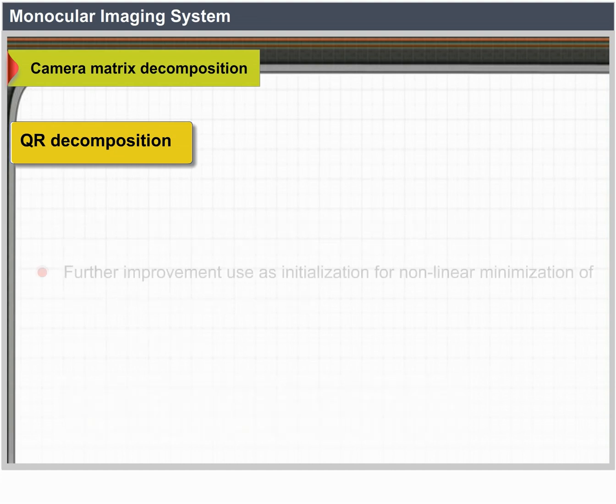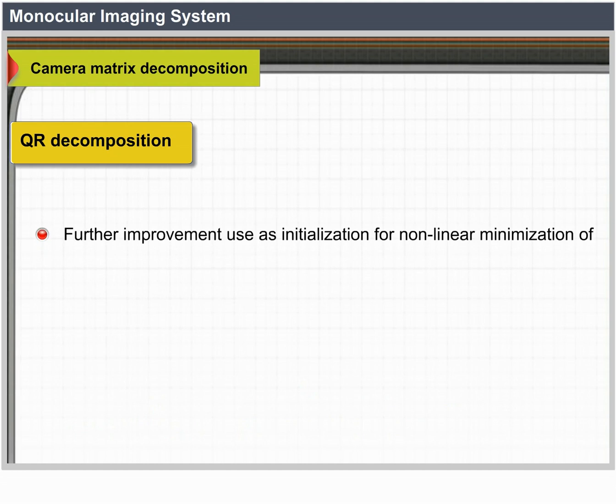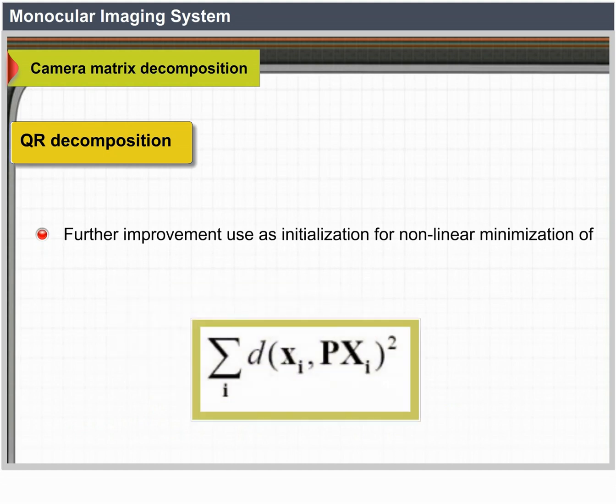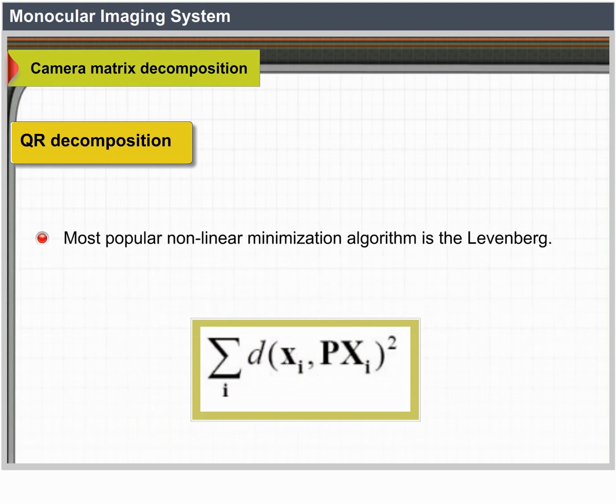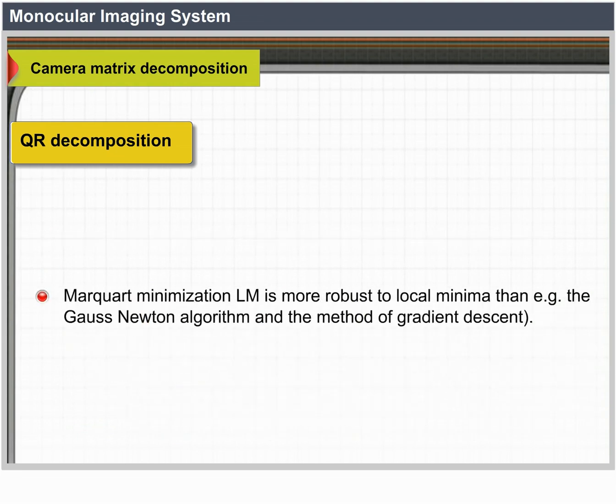Further improvement: use this as initialization for nonlinear minimization of the sum over i of d(xi, P Xi) squared. The most popular nonlinear minimization algorithm is Levenberg-Marquardt. LM minimization is more robust to local minima than, for example, the Gauss-Newton algorithm and the method of gradient descent.